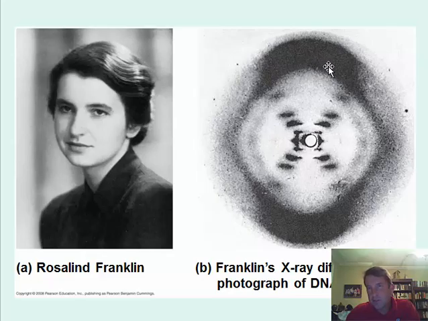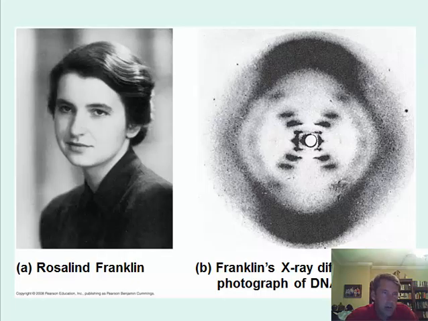What they determined, and we now know, is that this is the sugar and the base that forms the helical shape of the DNA strand. This right here in the middle would be the bases that connect the helical ribbons of the sugars and the bases. So this really helped Watson and Crick discover that structure of the DNA.